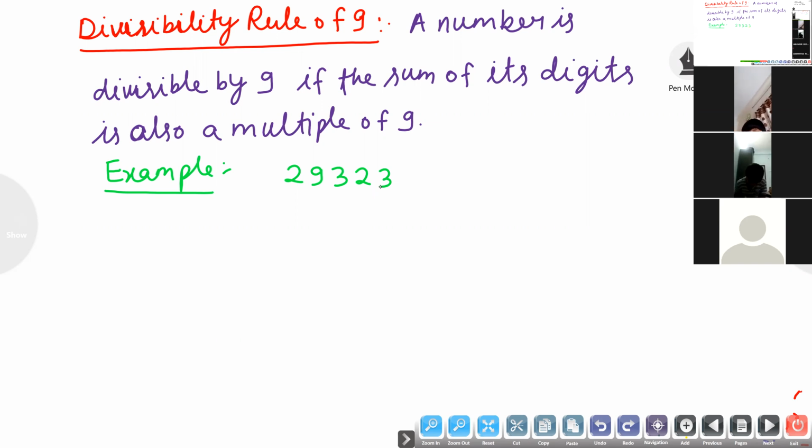Firstly, I want to add all digits. 2 plus 9 plus 3 plus 2 plus 3. 2 plus 9, 11. 11 plus 3, 14. 14 plus 2, 16. 16 plus 3, 19. 19 is coming in the 9 table? 9 twos are 18. This number is not divisible by 9.